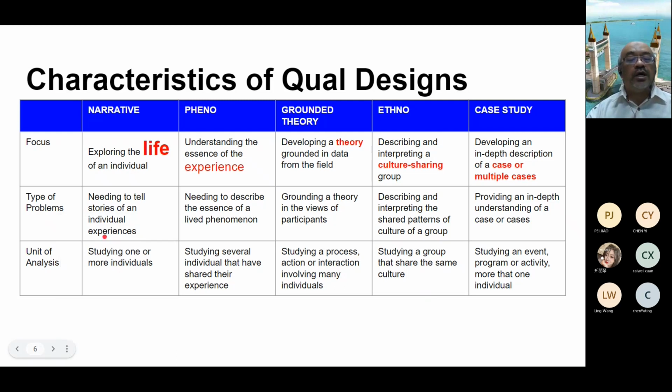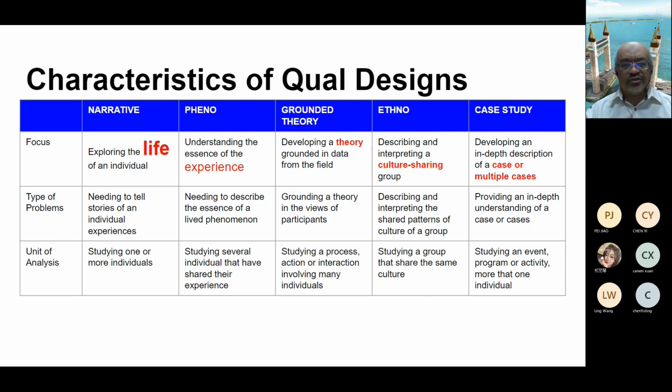Now we are going to the second one, which is phenomenology. I couldn't put the full name there, so just "pheno". So what is phenomenology? Phenomenology is about understanding the essence of experience. Somebody's experience. We're going to learn about it and analyze it, because it has meaningful significance.